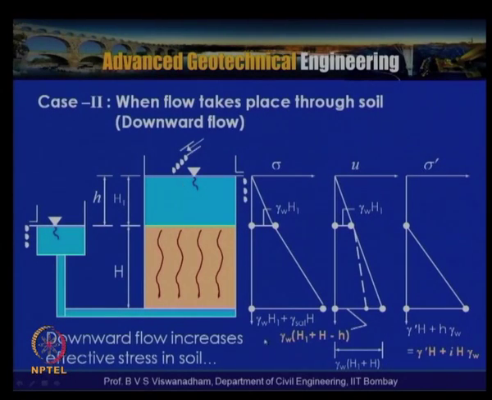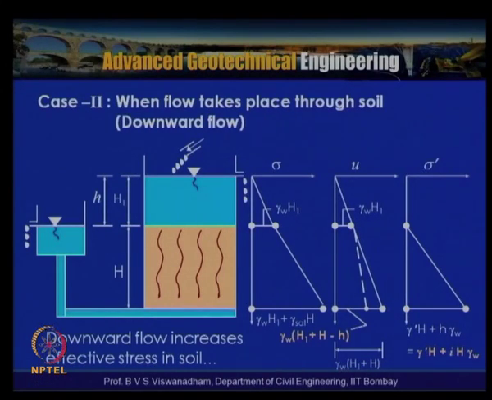For this case, the total stress remains the same, that is gamma W H1 plus gamma sat H. But in the previous case 1, when there is no flow of water, the pore water pressure was gamma W H1 plus gamma W H. Now the water is flowing from top to bottom, which means a head of H units is available, and by the time it comes out, the available head is 0 for the water to flow through.